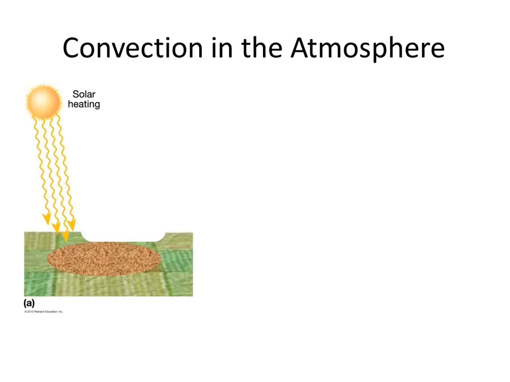So here's the deal. If it's a sunny day and you wear a dark colored shirt, you're going to be hot. And in this example, that's kind of what's being shown down here. Picture a deal where you have, this looks like plots, like farm fields or something. But for whatever reason, you have a different color down here that's different than the rest.